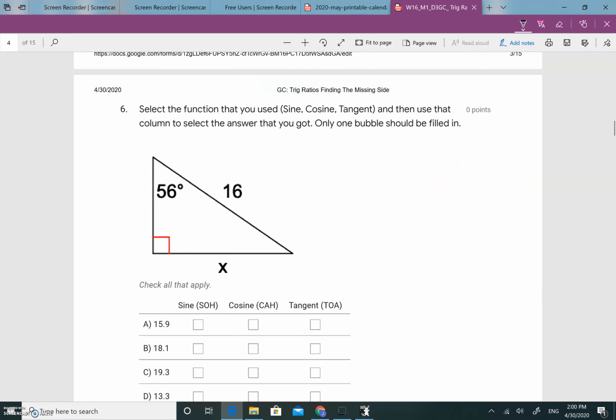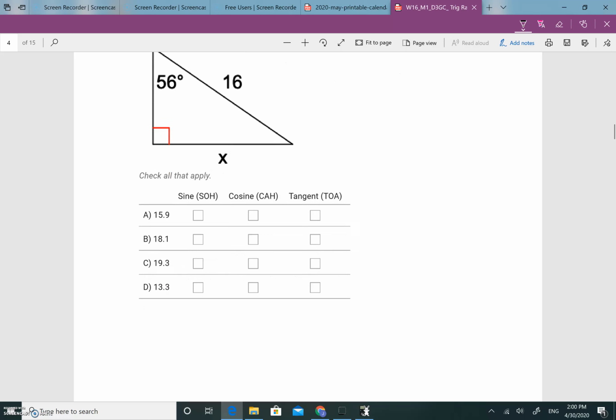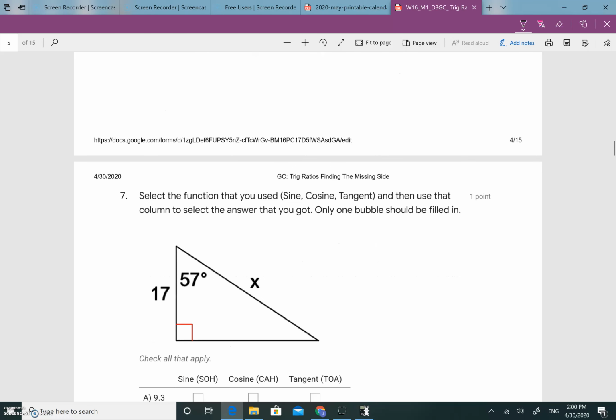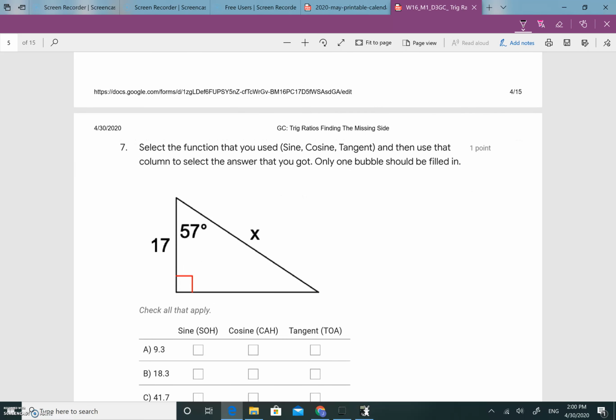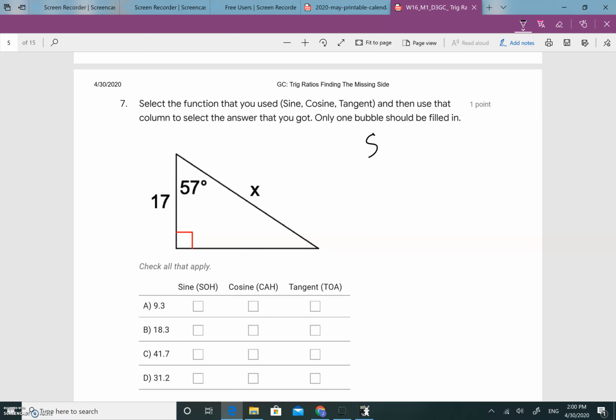Alright, so let's see this one. This one's similar to the last two, so I'm not going to do that one. Let's do one that's a little bit harder. Okay, this one. So we start off by writing our SOHCAHTOA.